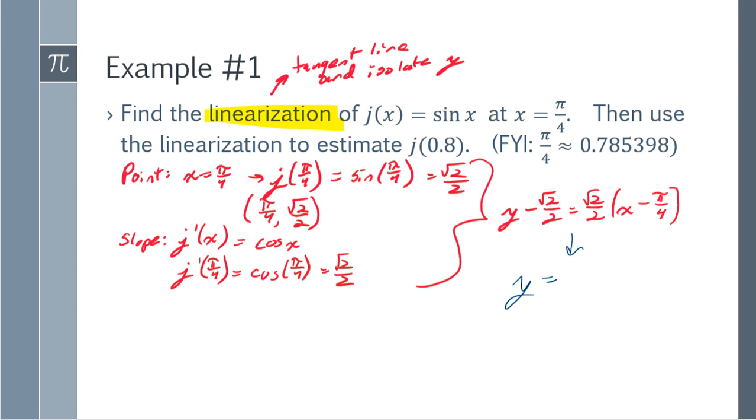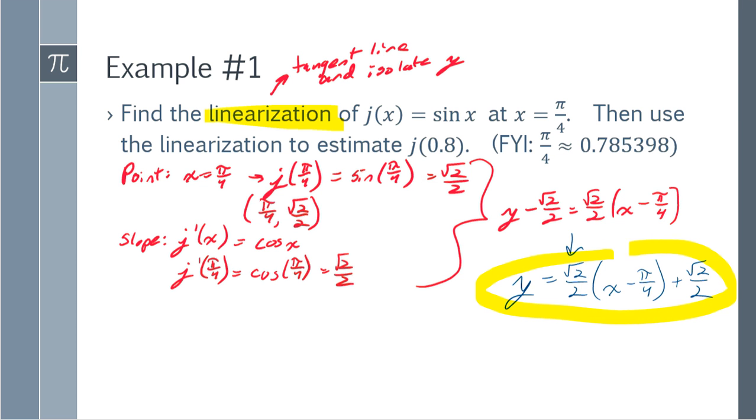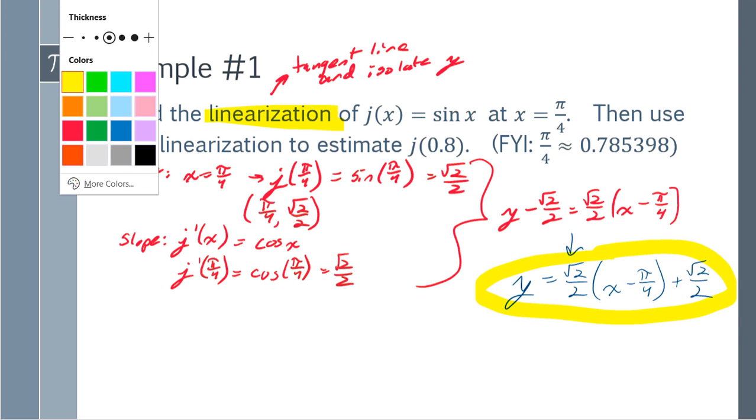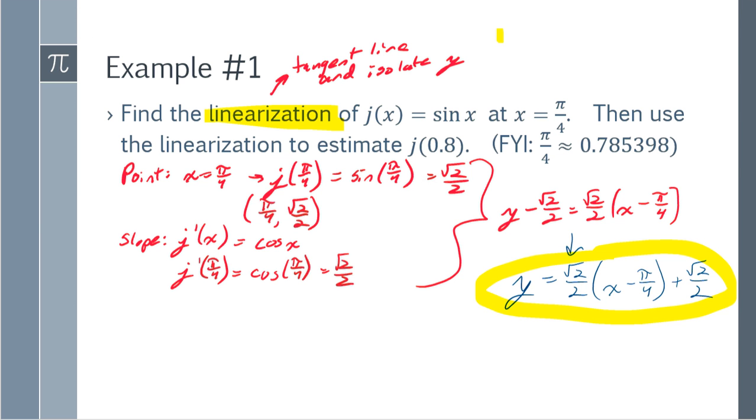So y is equal to rad 2 over 2 times parenthesis x minus pi over 4, close the parenthesis, and then plus rad 2 over 2. And here is my linearization. This is what I'm going to use to estimate function values that are close to pi over 4.